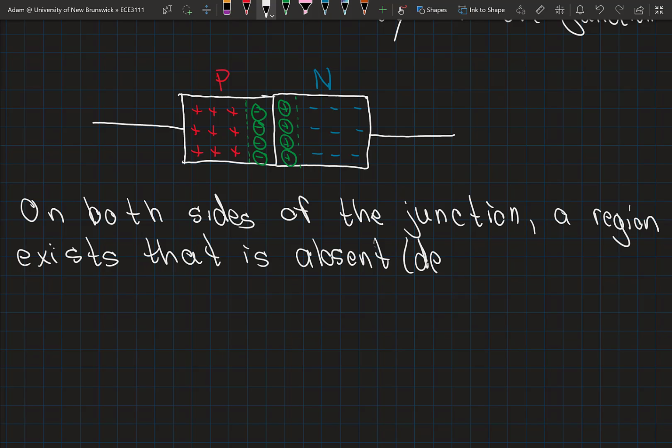Sometimes we call this devoid of charge carriers, right, because of recombination that has occurred in that region.